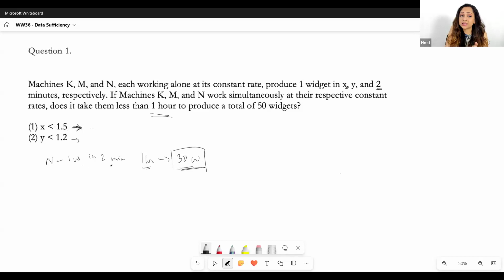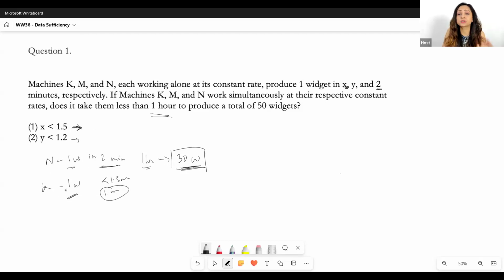Why? Because N is taking 2 minutes for one widget, so N is slower. K is taking less than 1.5 minutes for one widget. Let me say it is 1 minute, or let me say it is 1.2 minutes. It doesn't matter, whatever. It is taking less time to do the same work. That means K is faster. So if N is producing 30 widgets in 1 hour, then how many is K producing?